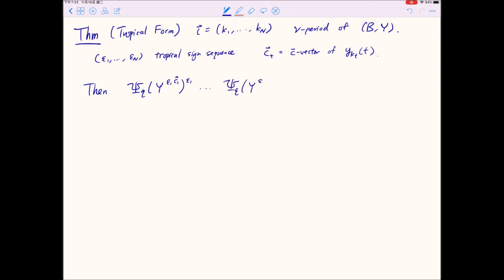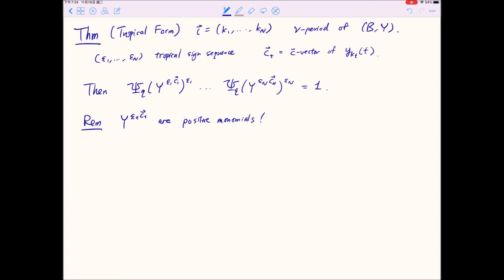In a very, very neat formula. So this is it. And just a remark, all these monomials that we wrote are by definition positive monomials, right, because the powers are all positive, because epsilon by definition is the sign of CT.